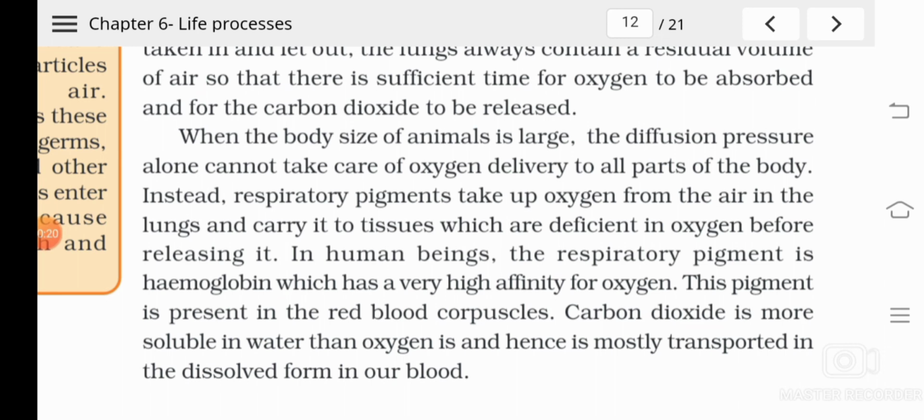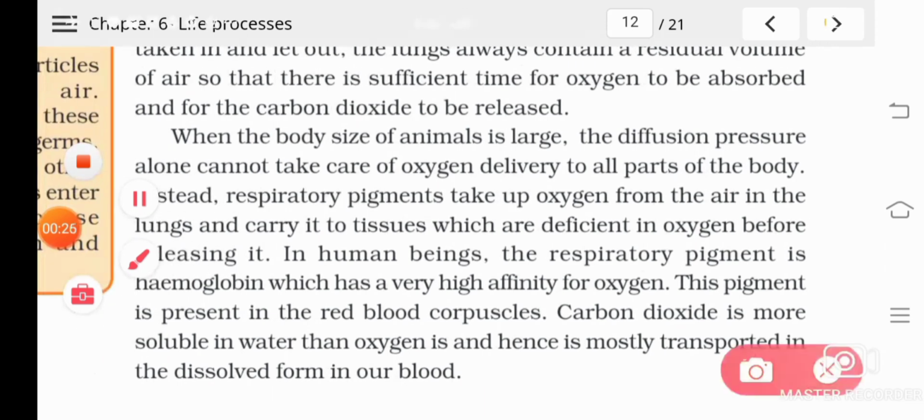In human beings, that pigment is known as hemoglobin. You would have heard of hemoglobin. This pigment is present in our RBC, and when it combines with oxygen, it forms oxyhemoglobin. So in the form of oxyhemoglobin, oxygen gets transported from the lungs to the various tissues.